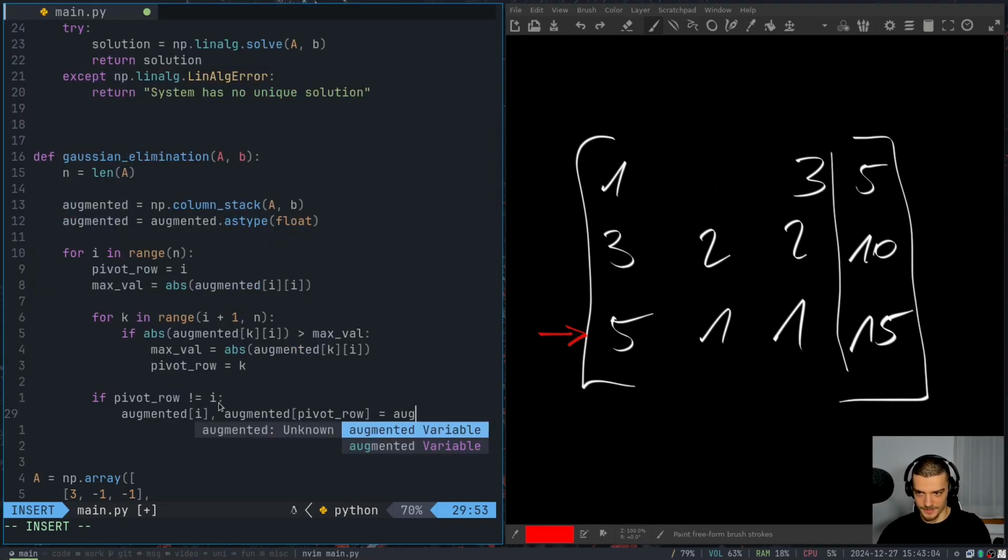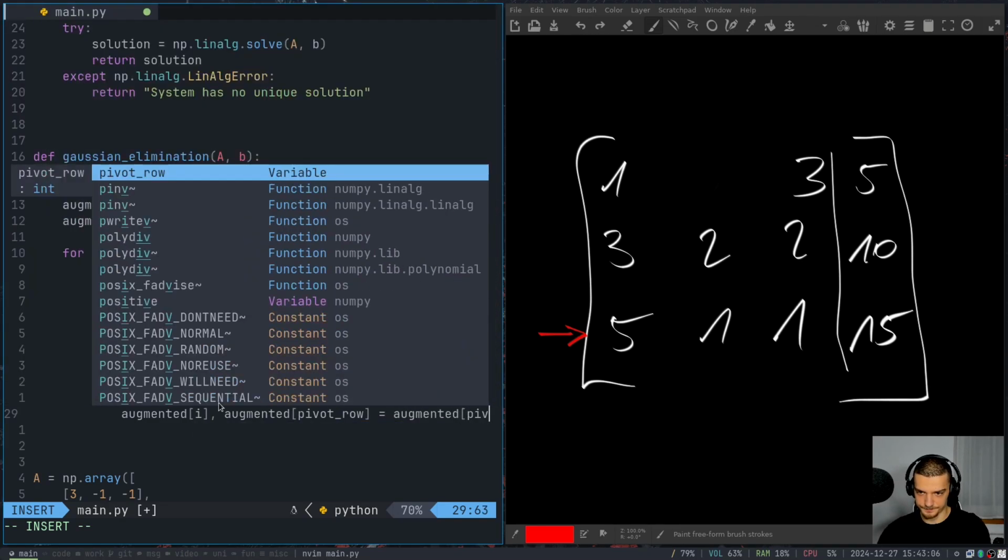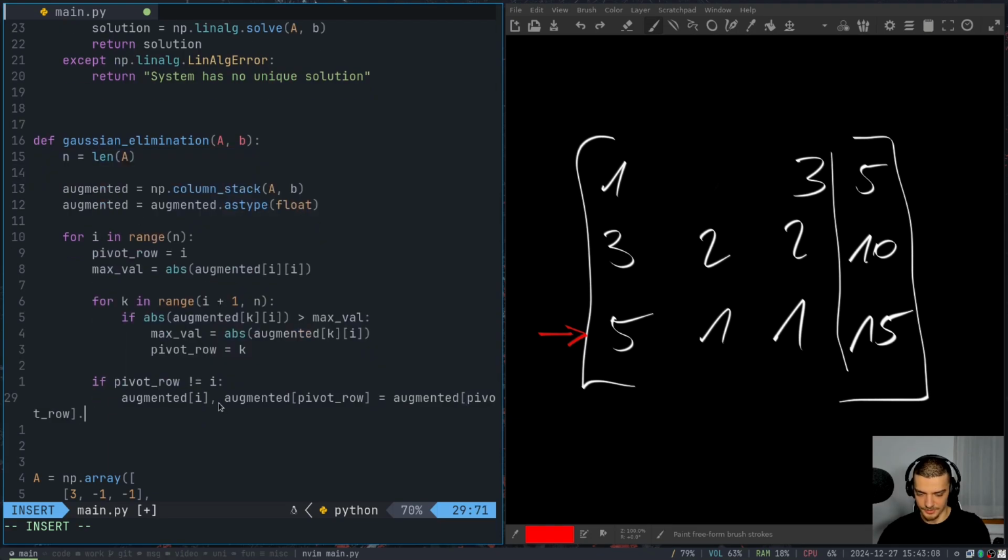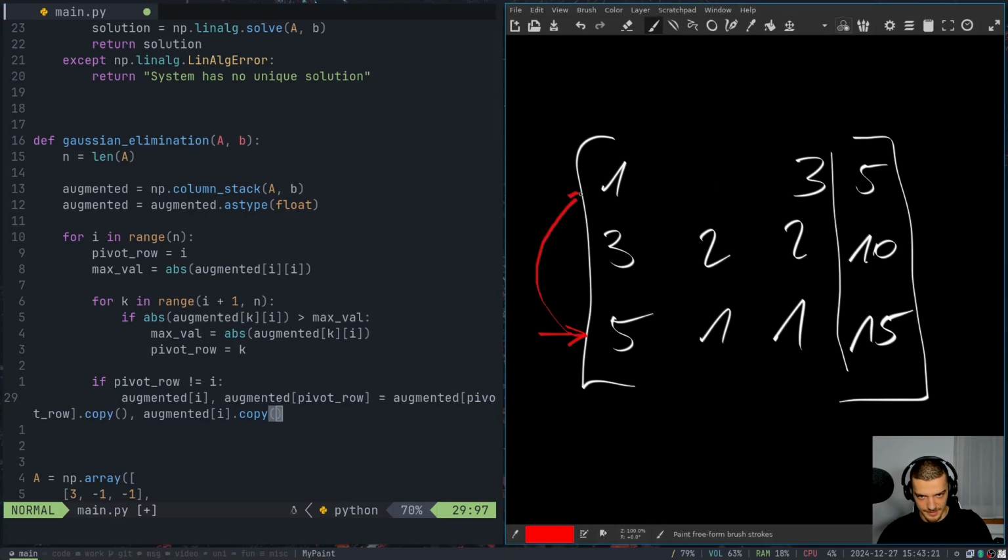So we're going to say augmented pivot row, and I'm going to use a copy here, and augmented i copy. So we're just swapping the rows. Since this is the highest value for the first column, this is my pivot row, so I perform this swap. So these two are now exchanged, including, of course, these values.